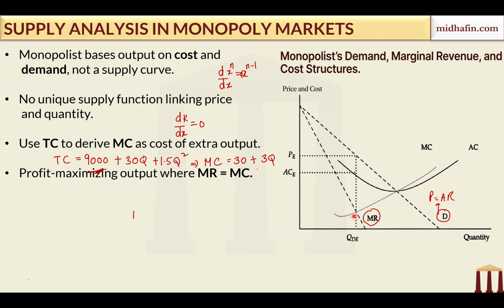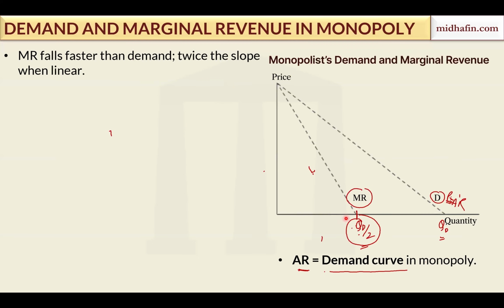Now in the book, one thing is mentioned for which I told you guys that they have not given any explanation. They have mentioned that this equality occurs at the elastic region of the curve. To understand this, I gave the earlier explanation of QD by 2, because the explanation is not given at all.